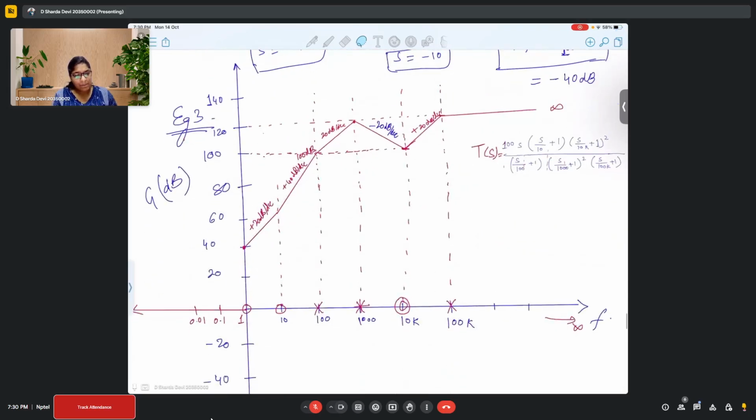Can this be intuitive, that the gain is stable? See, if I start writing the phase, how will my phase look in this particular system?